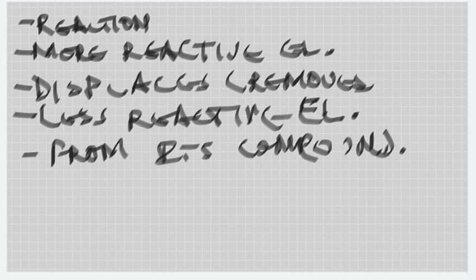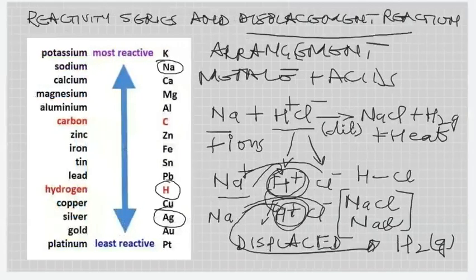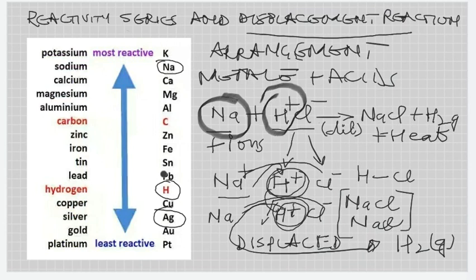Right, so let us just revise, look at this definition. A displacement reaction is a reaction in which a more reactive element, here the more reactive element is sodium, displaces a less reactive element, hydrogen is less reactive compared to sodium, from its compound.